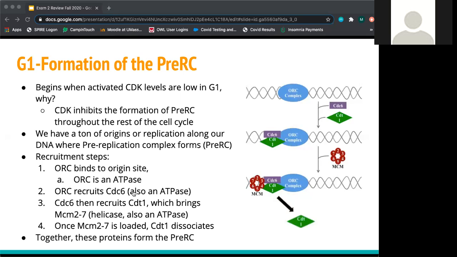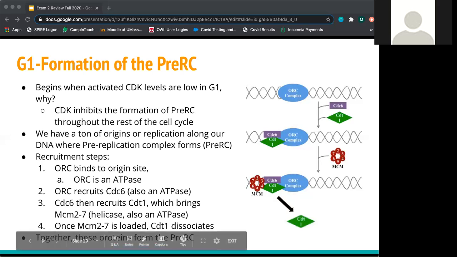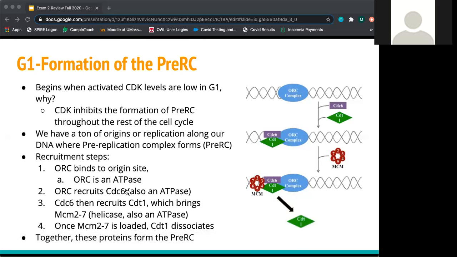Then CDT1 comes and brings the MCM complex, which is also an ATPase. Once MCM2 is loaded, CDT1 dissociates, and that altogether forms the pre-RC complex.